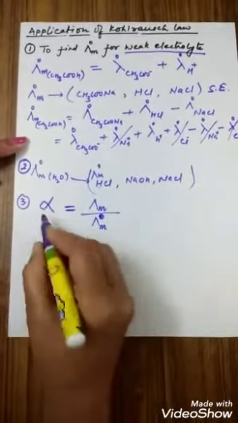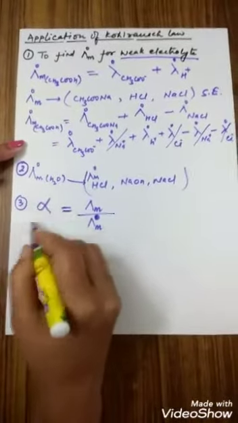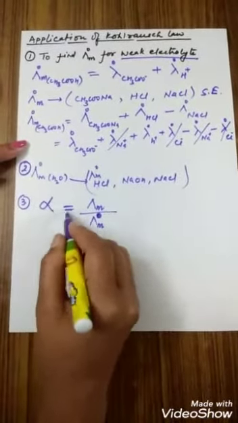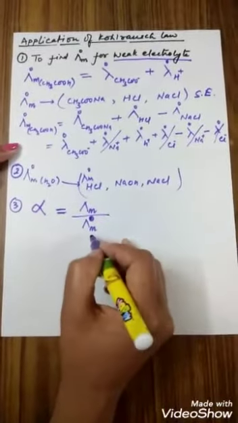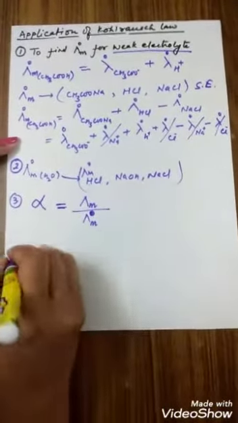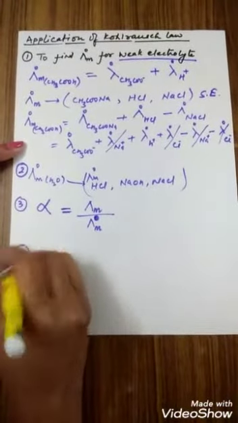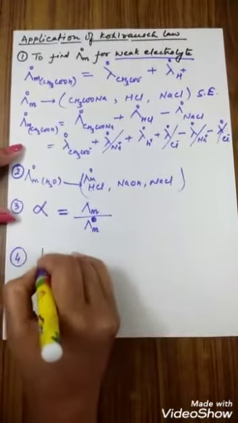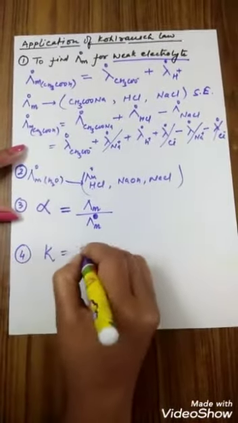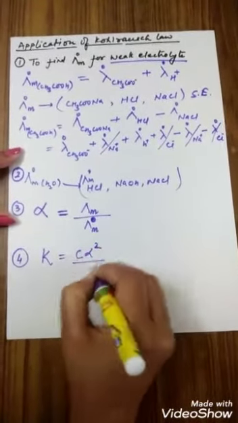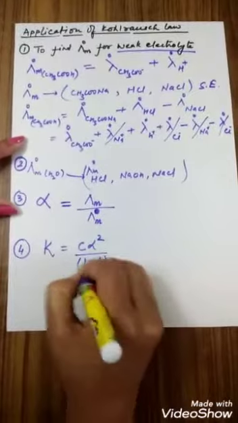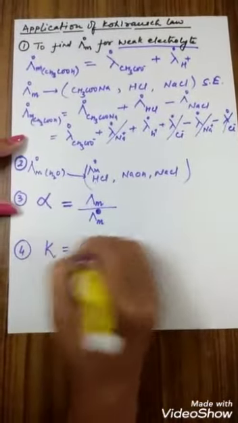So this is a very important formula: degree of ionization equals molar conductivity upon limiting molar conductivity. And with the help of this alpha, as you studied in the chapter on solutions, the dissociation constant K equals C alpha square upon 1 minus alpha. So you can find the dissociation constant of any electrolyte.